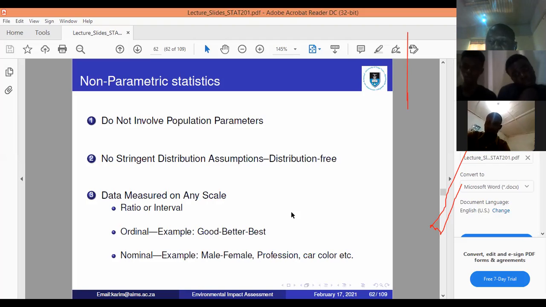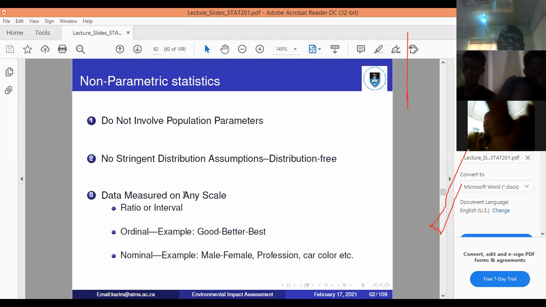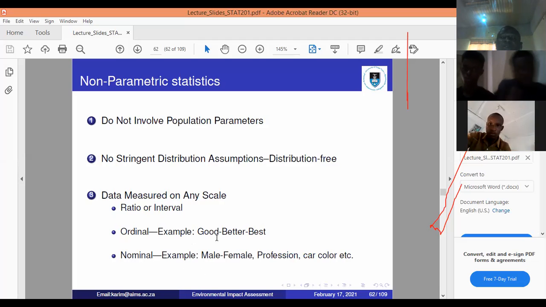We don't have parameters having a particular distributional form. So they are distribution free, and no distributional assumption is associated with this particular tool. And they can measure in any of the following scales.